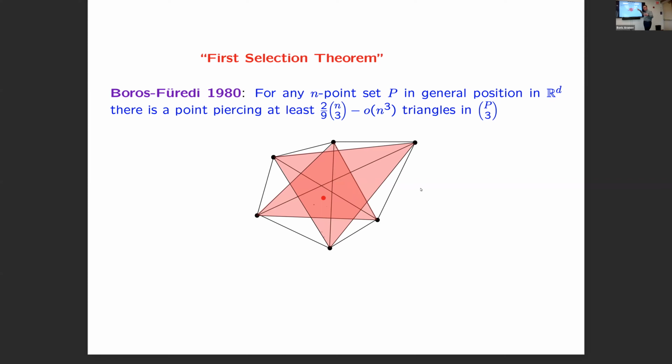So in this case, our simplices are triangles, and in fact, this fraction tends to 2/9, which is known to be tight.